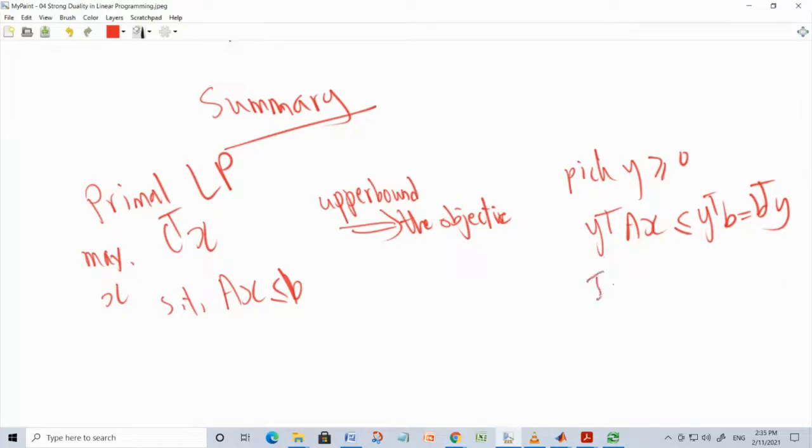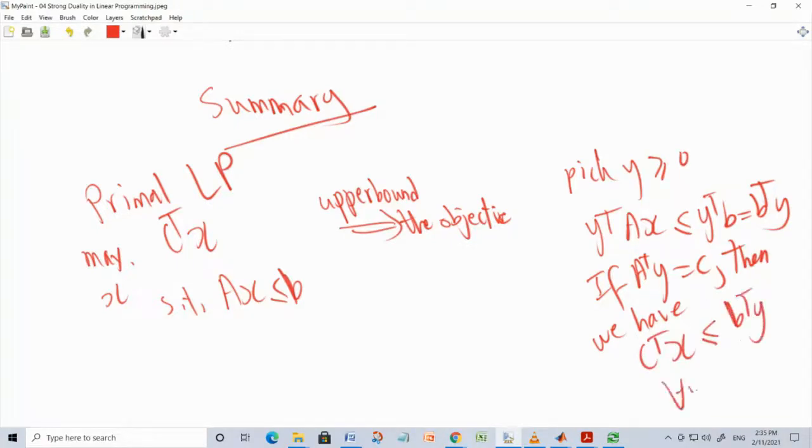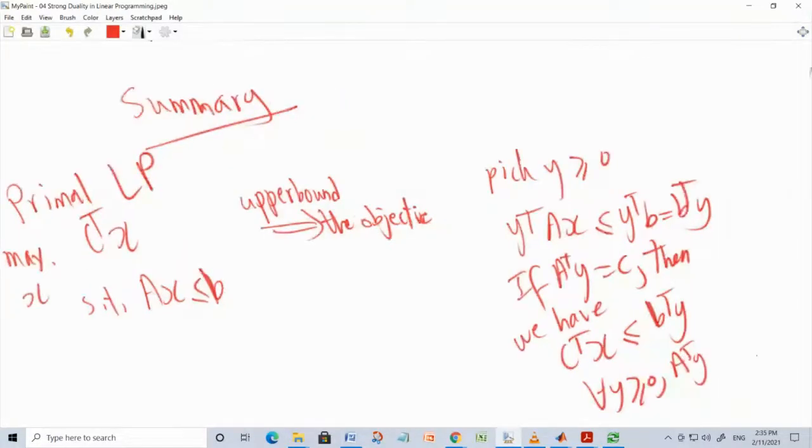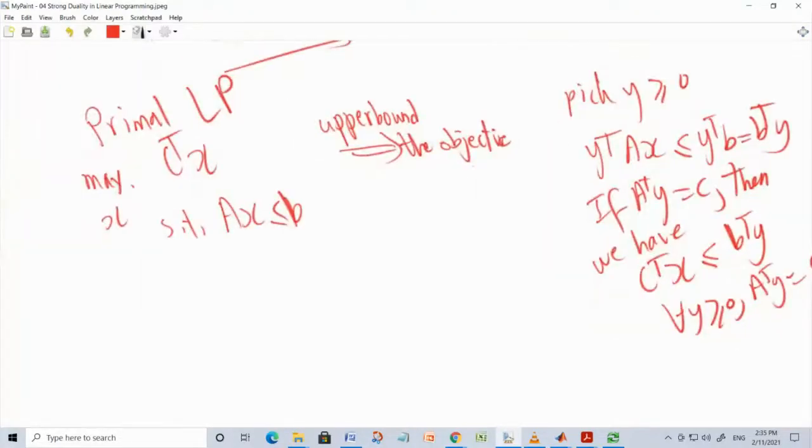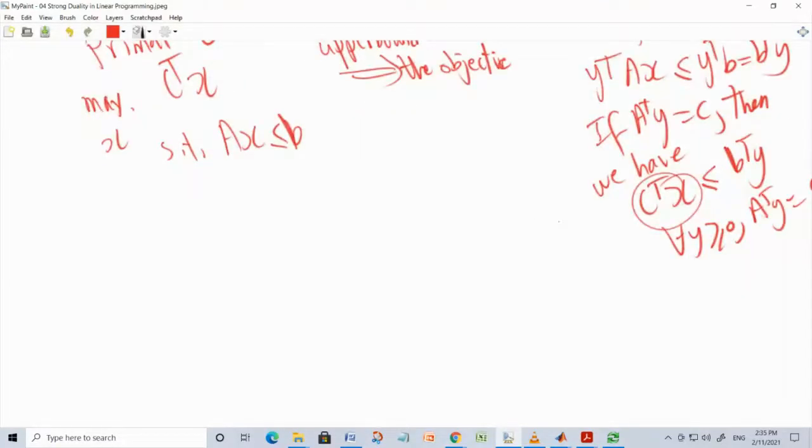And if A transpose y is equal to c, then we have C transpose x is less than or equal to b transpose y for every y greater than or equal to 0 with A transpose y equal to c. So that's an upper bound on the objective.